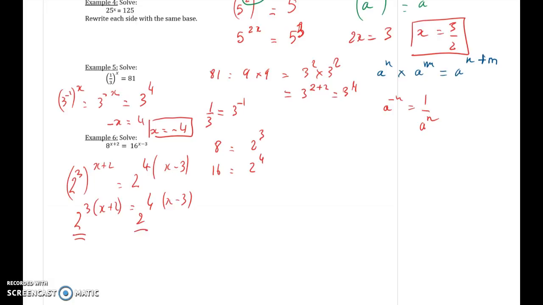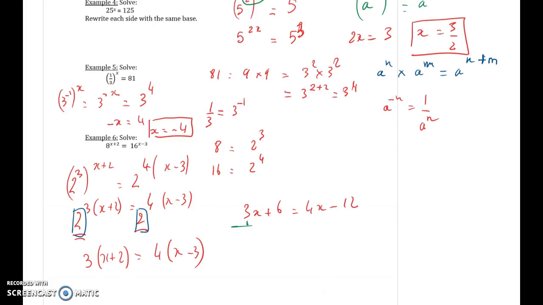Same base. Therefore, I can equal my exponents. 3 times x plus 2 equals 4 times x minus 3. I'm going to multiply. 3x plus 6 equals 4x minus 12.